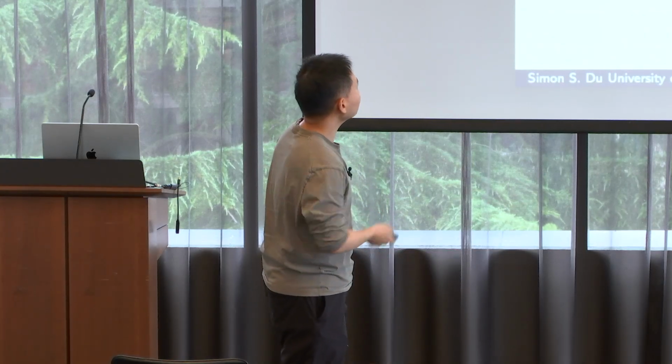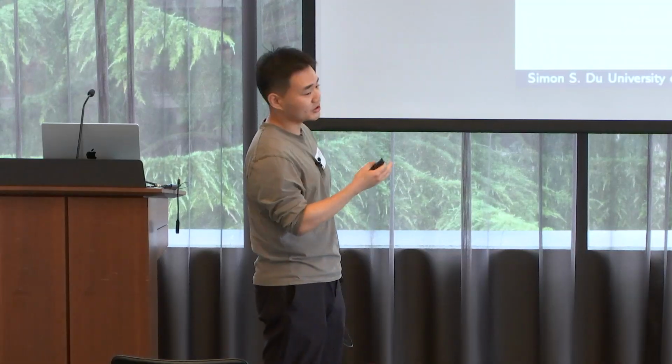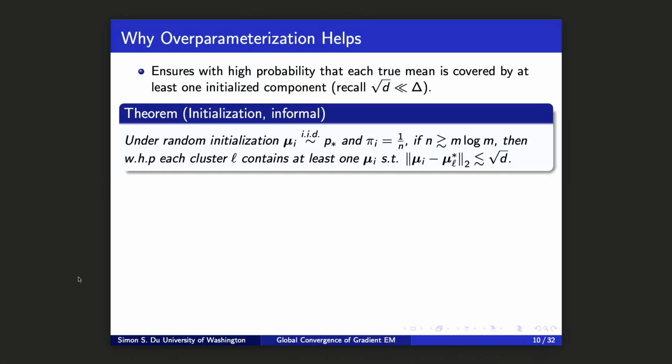All right, so let me first discuss why over-parameterization helps. It's basically the coupon collector intuition. Let's say the separation is large enough.